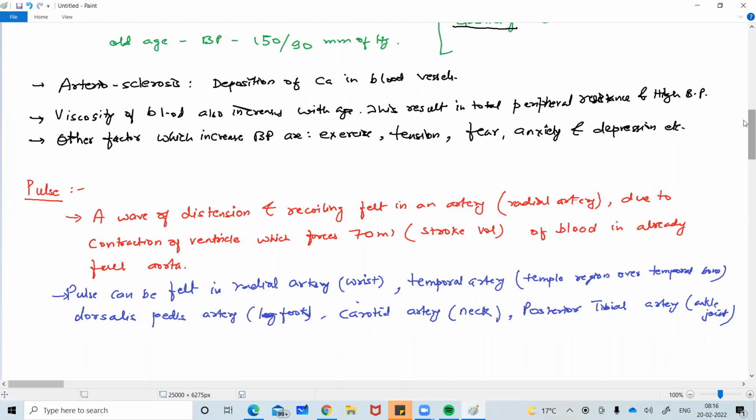Then your emotions, like anger, anxiety, when you are so happy, when you are in a fear condition. In all these physical and mental states, your pulse will get affected, and it will give you different variations of the pulse, right? So we'll write the last point about the pulse.